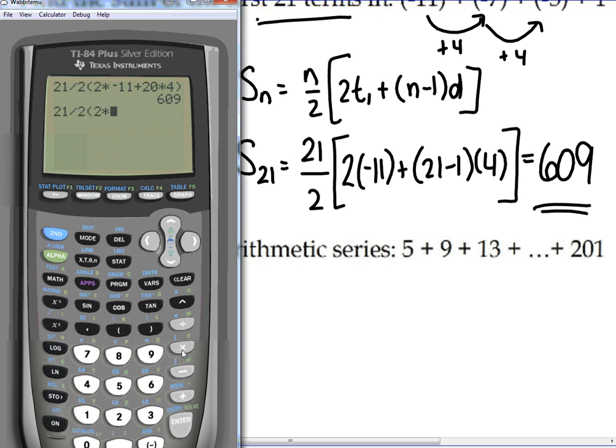If you're typing in the whole thing, make sure you're putting negative 11 plus, and if you do 20 minus 1 or 21 minus 1, it has to be in brackets times the 4, and then close your brackets. Closing that last bracket too is important. You should get 609. If not, after the lesson, ask me and I'll figure out what you're doing wrong. Okay? Because you should have 609.